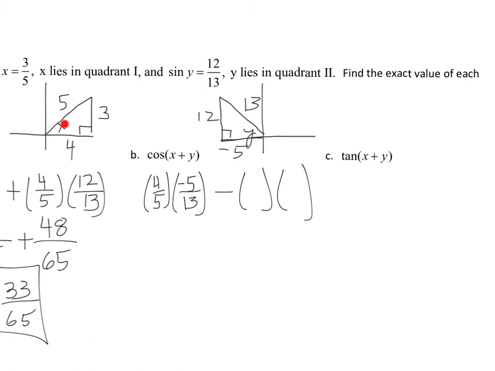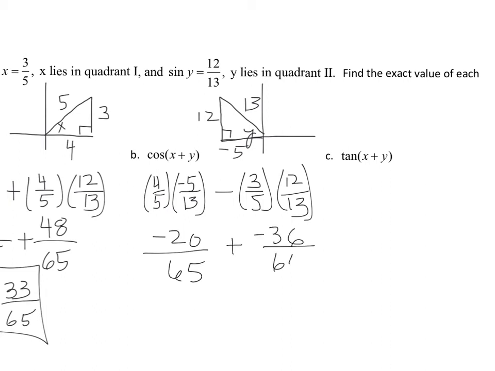Sine x is 3 over 5, the same as the ratio given. And sine y is 12 over 13. Then we simplify. 4 times negative 5 is negative 20 over 65, minus 3 times 12, which is 36, over 65. Negative 20 plus negative 36 gives us negative 56 over 65, and that's our final answer for cosine.